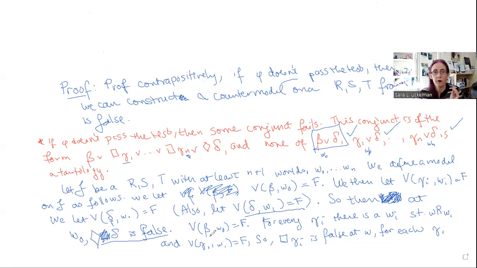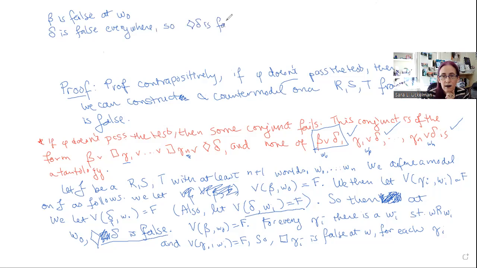And this is what we need, because now we have that beta is false at W0. Delta is false everywhere. So possibly delta is false at W0, and each of the gamma I is false at W0.